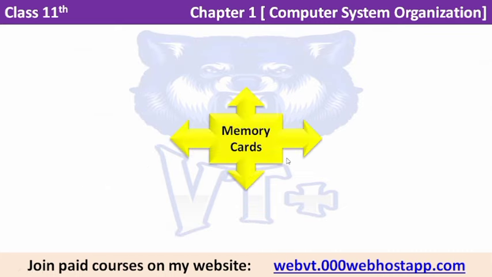Now we see the memory cards. A memory card is also known as an SD card. SD card is the abbreviation of Secure Digital card.